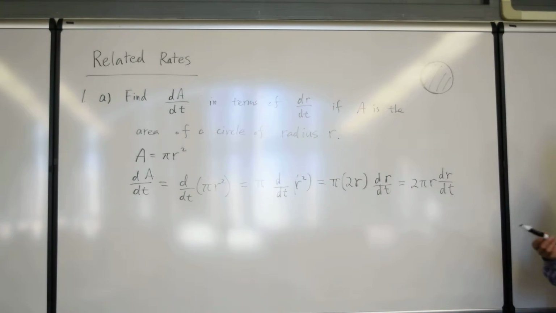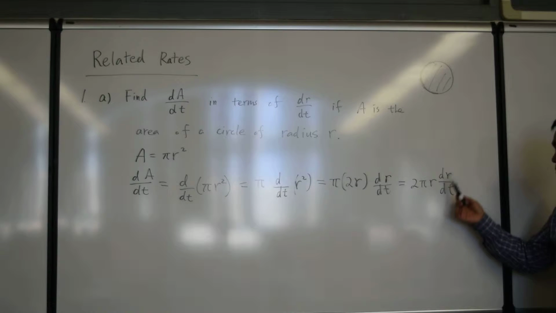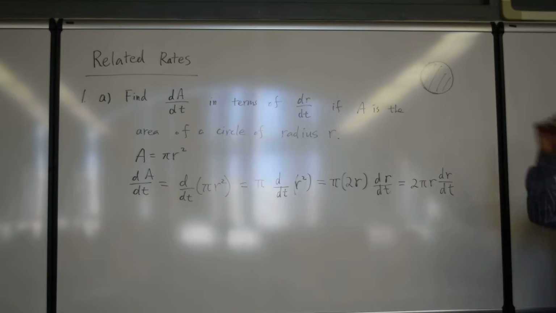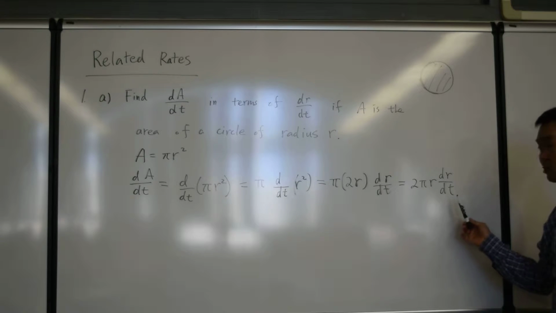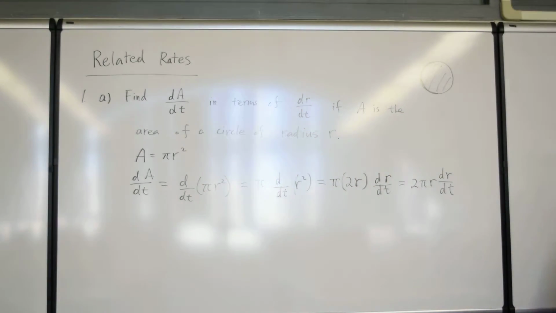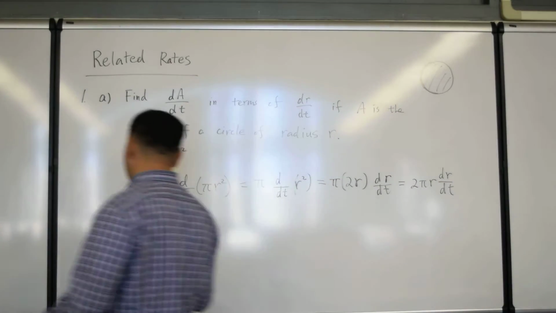The change of the area is the rate of change of the radius times the 2 pi r, which is the circumference. Circumference times the rate of change of the radius is the rate of change of the area. That's what it says. Let's try a more specific example.